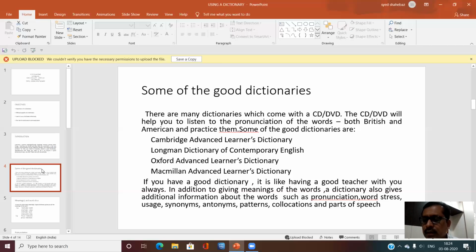That is a basic thing. Correct spelling is the basic thing to trace out the word in the dictionary. The dictionary also gives additional information about the words, such as pronunciation, which is very important in oral communication. In communication skills, pronunciation plays a very important role.